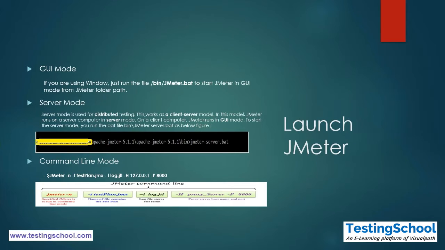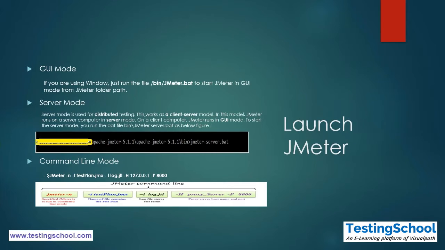Now, last but not the least is the command line mode, which is widely used for executing the test. One thing which is very basic and also very important: whenever we are scripting, we should use GUI mode, and whenever we are debugging also, we should use GUI mode. But once we do the load test, we should always try to do it in command line mode.